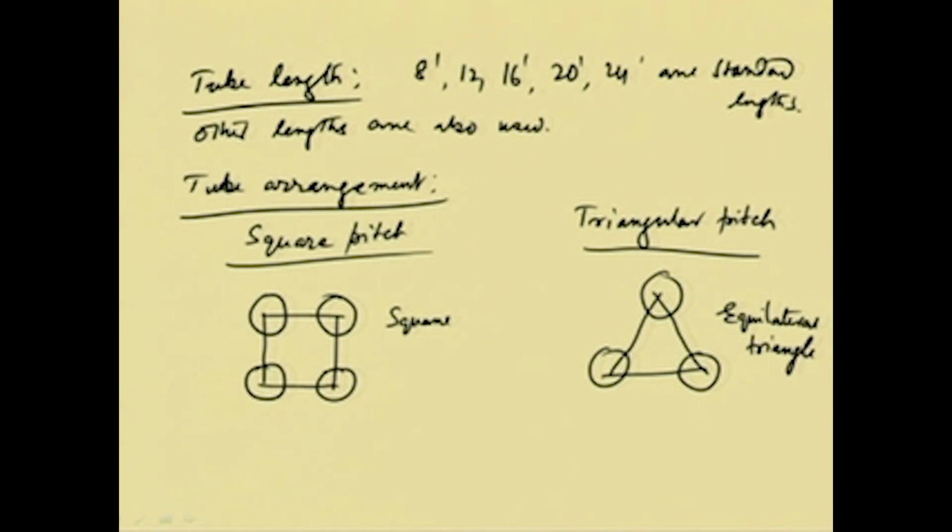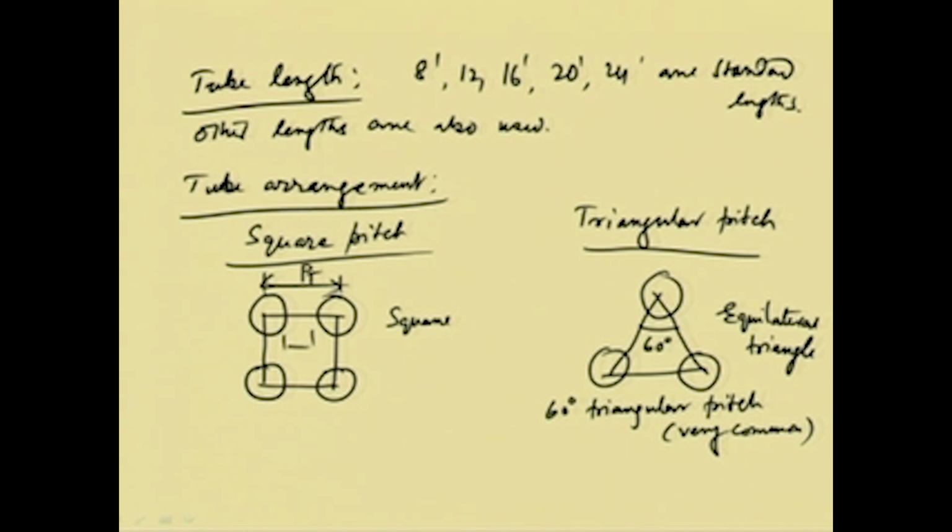And usually these angles are 60 degrees, and 60 degree triangular pitch is very common. This is sometimes also called 60 degree triangular pitch, and it is very common. And we can see that this center to center distance is called the pitch, PT, square pitch, and this portion is nothing but the clearance, C is clearance.